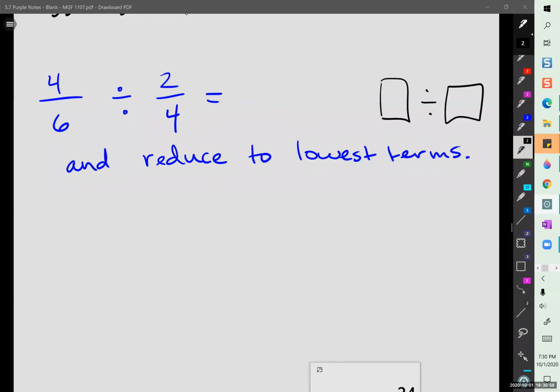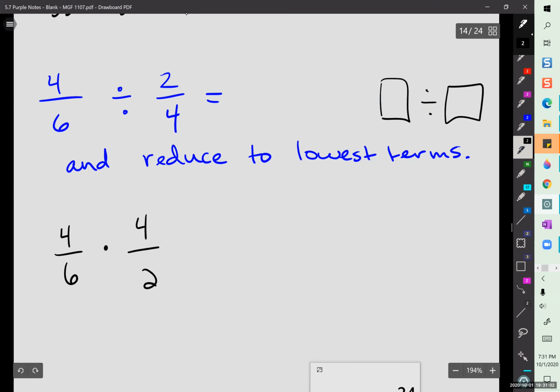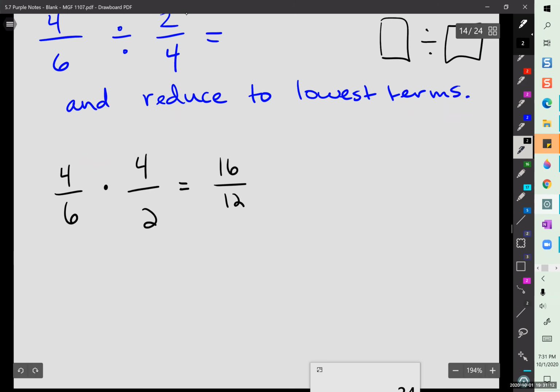So we would keep the first fraction, change the sign, flip the second fraction, and then it's fraction multiplication, top times top, bottom times bottom. And I got 16 over 12. Definitely looks like there's a lot of cancellation that could occur here. So we're going to write out their prime factorizations. If we need to sketch off to the side, we do so.